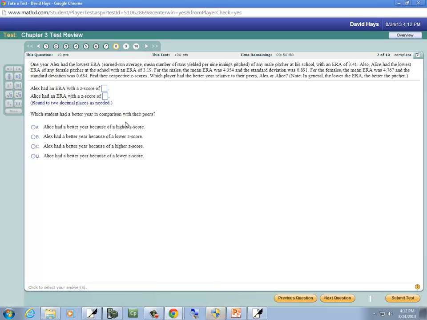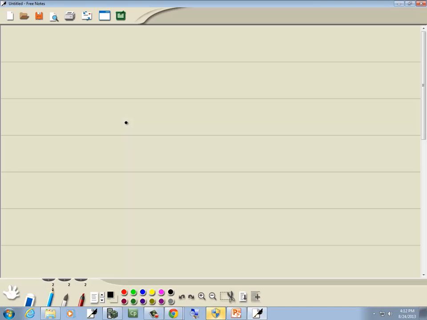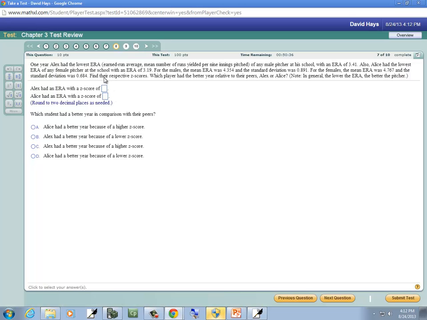One year, Alex had the lowest ERA of any male pitcher at his school, with an ERA of 3.41. Also, Alice had the lowest. Okay, males, females. I'm just trying to read it generally to see what we're talking about. Looks like we have males and females. Now let me read it a little closer.